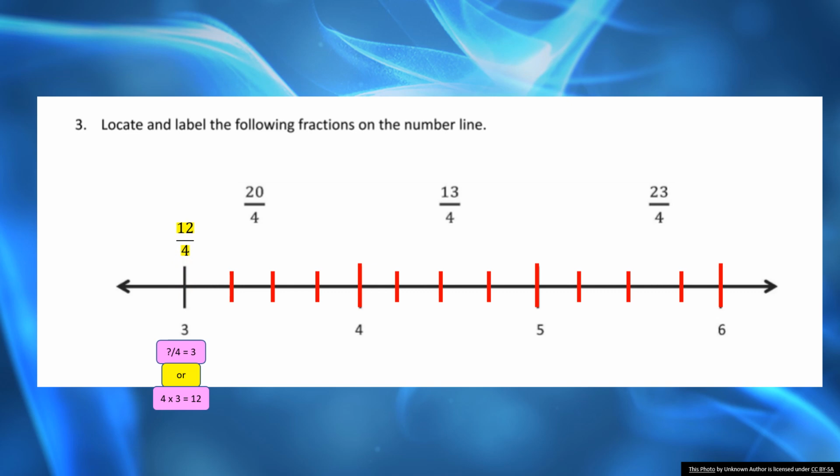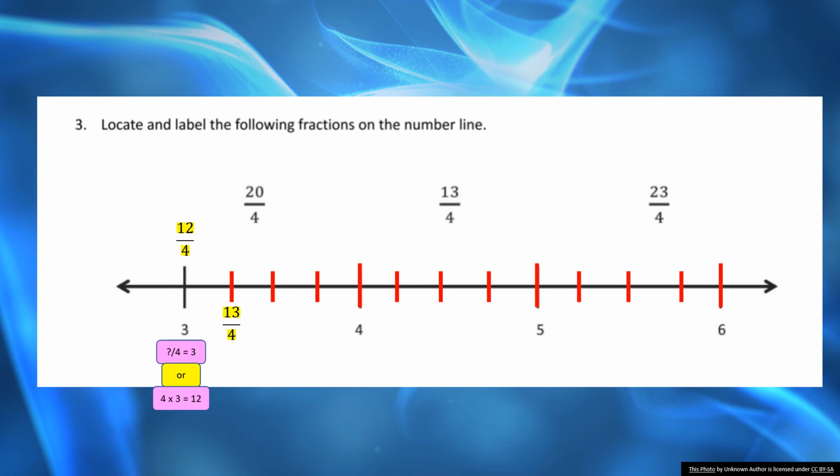Now again, it's a number line, so we count up in number order. If we're starting with 12 fourths, what number comes after 12 when you're counting? That's right, 13. So our next fraction on the number line is going to be 13 fourths. And then we keep counting up. So we're going to go ahead and fill in our number line.